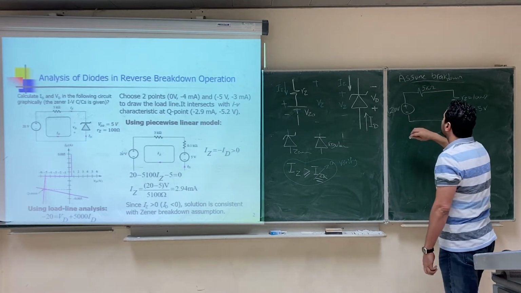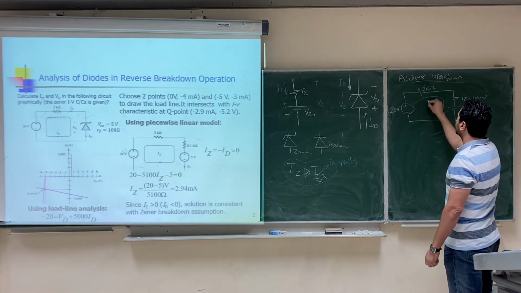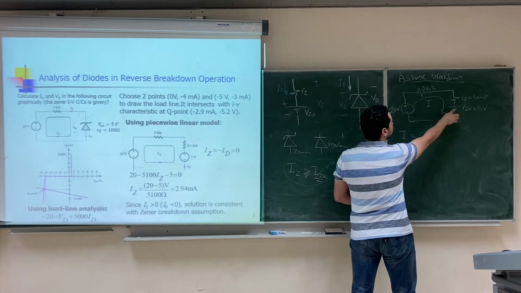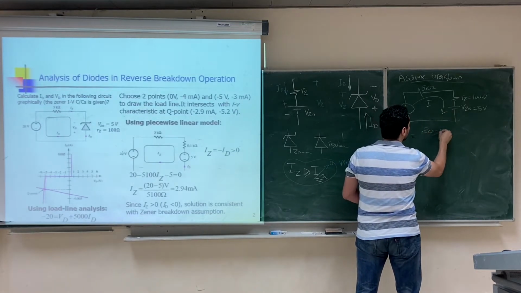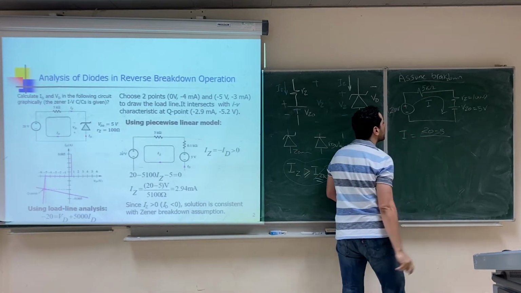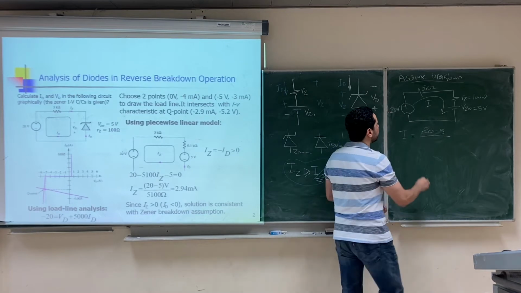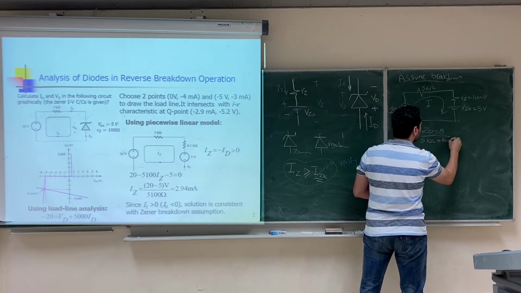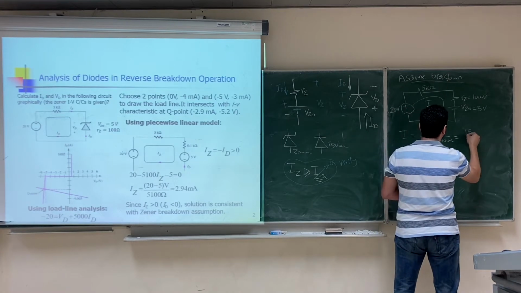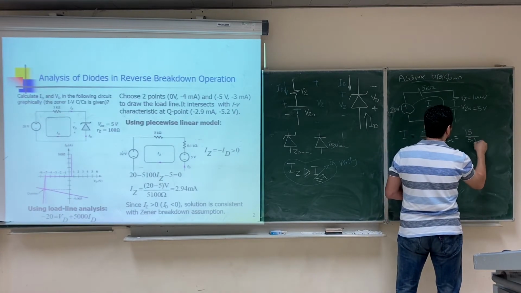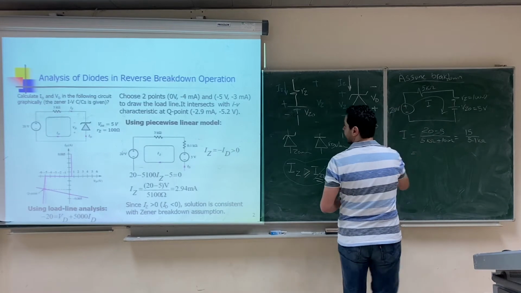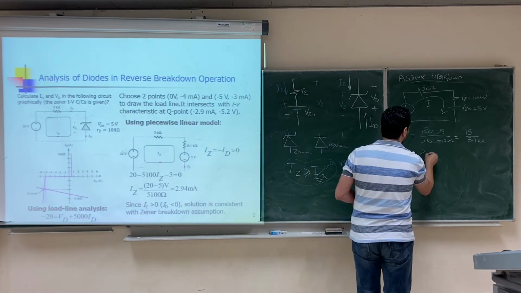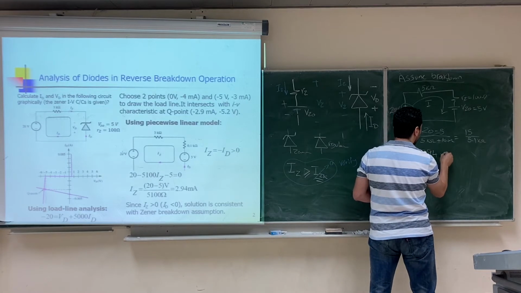Now, let's calculate the current in this circuit. The current will be 20 minus 5 over the total resistance, which is 5 kilo ohm plus 100 ohm. This is 15 over 5.1 kilo ohm, which gives I Zener to be 2.94 milliampere.